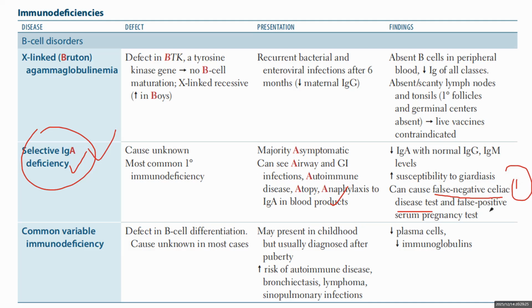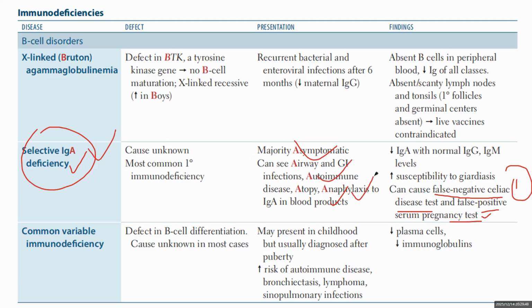And of course, a false positive serum pregnancy test also because of the IgA. Mostly the points you need to cover are that if IgA is missing, the mucosal tissues may get harmed, and there may be autoimmune diseases like SLE.